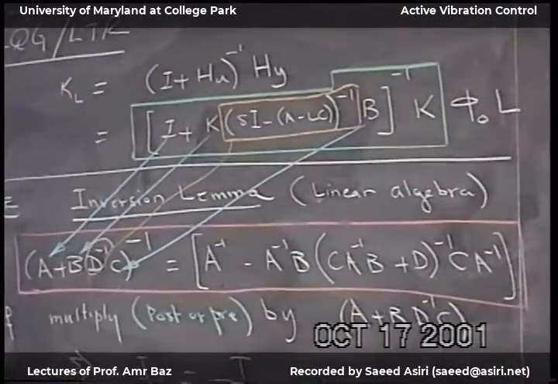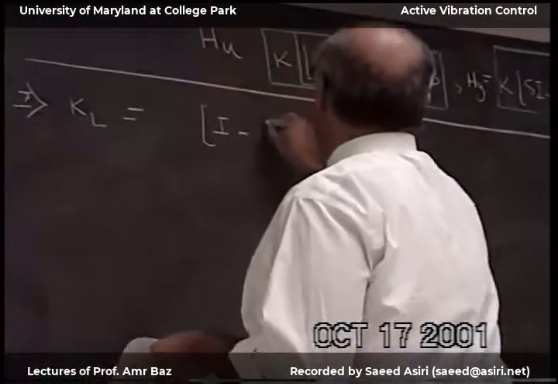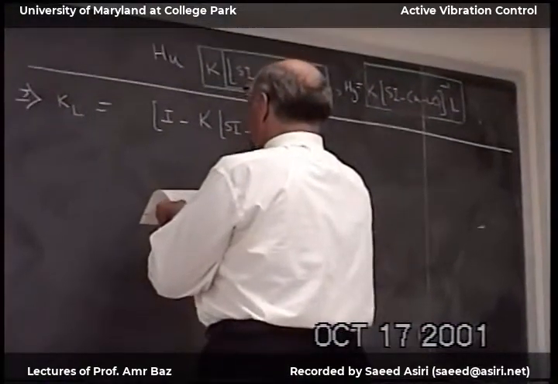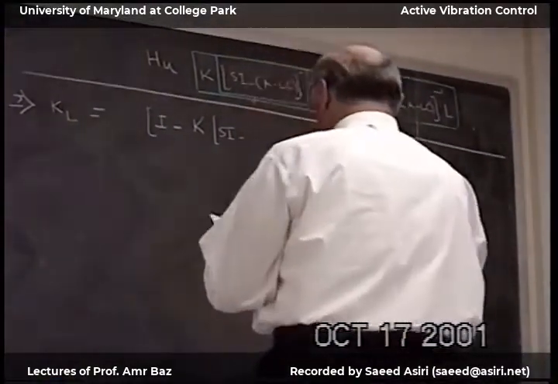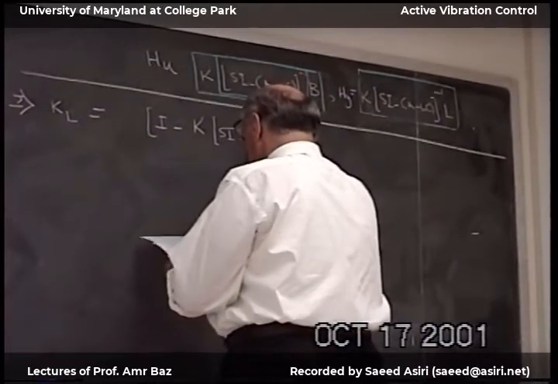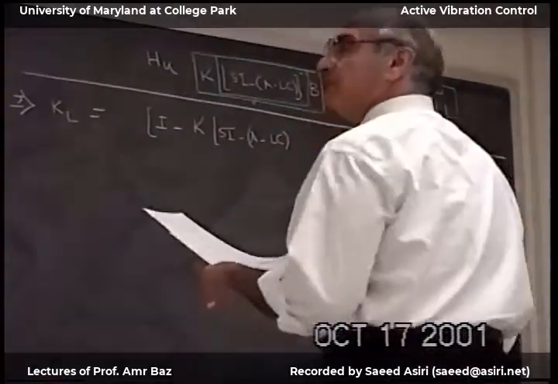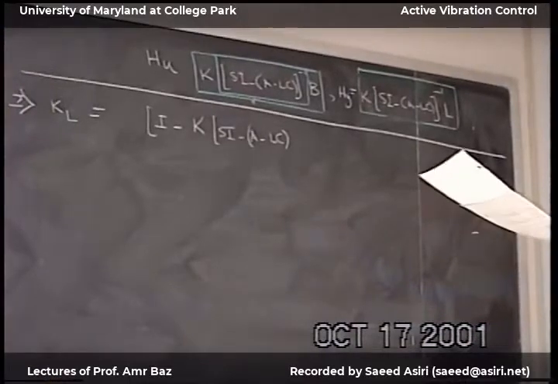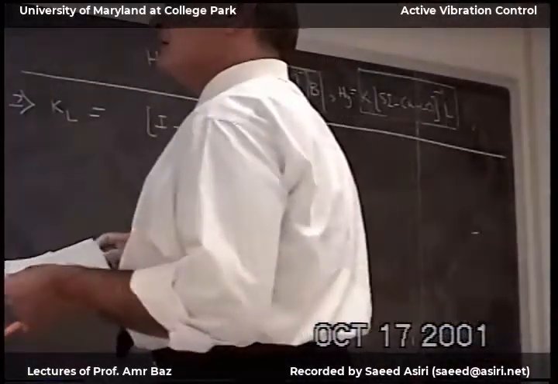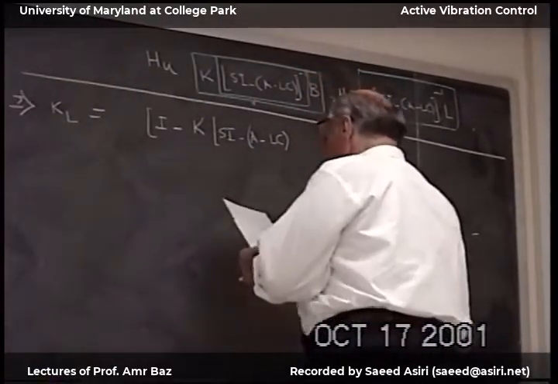So this will be identity minus, and then identity and the B I replace it by the K. So this becomes K, and then I have SI minus A minus LC, and then the last term, and then here we have minus.